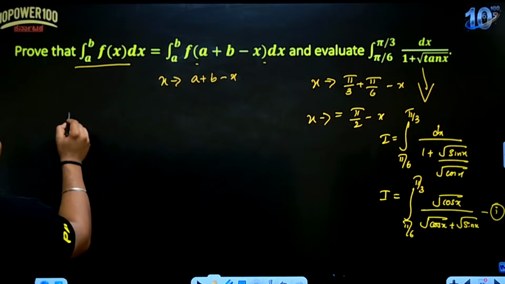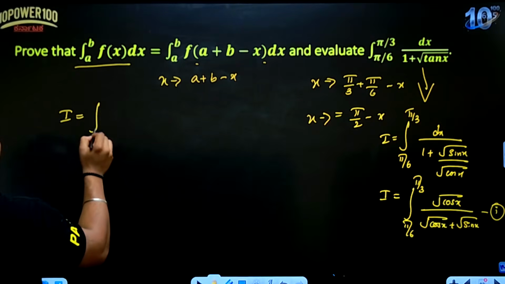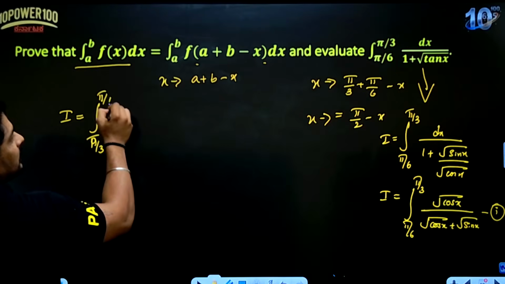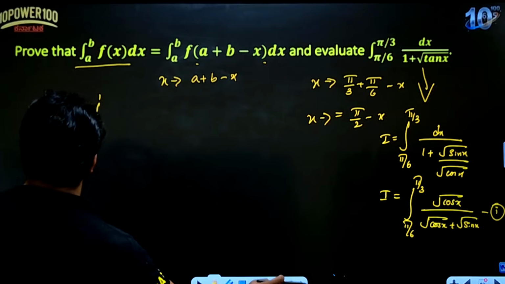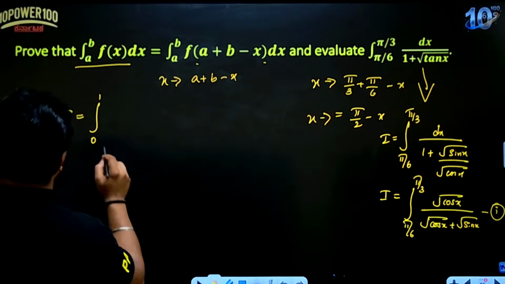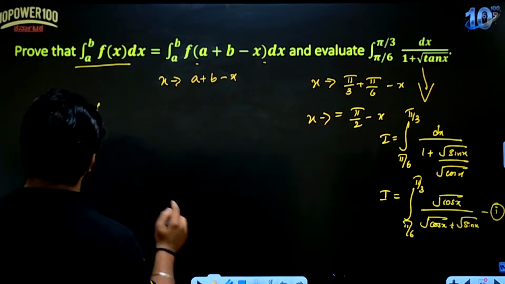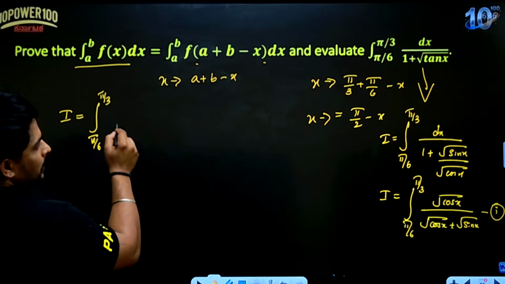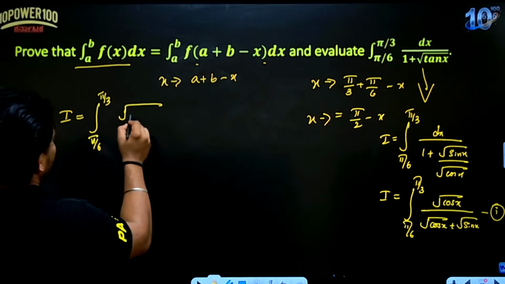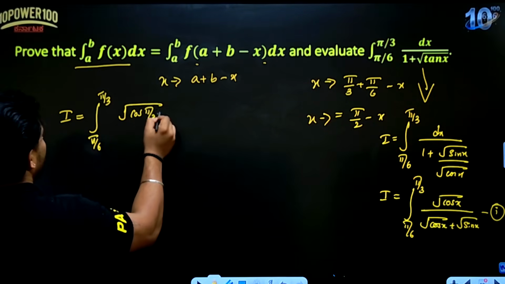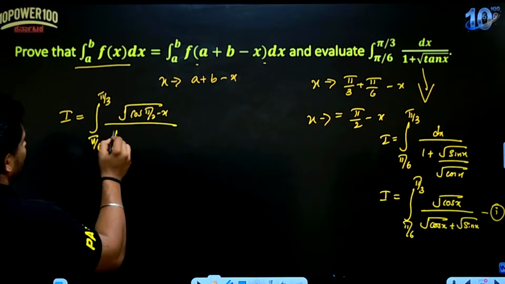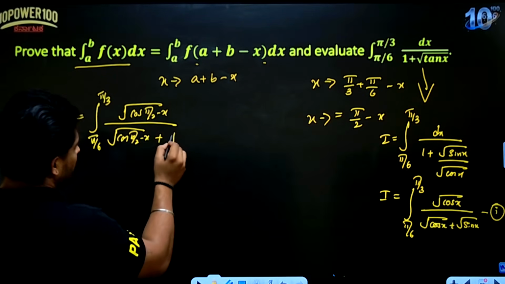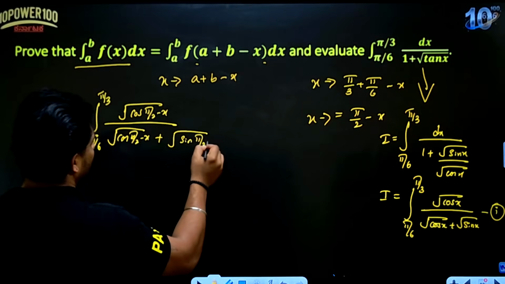I'll apply this property. If I apply that property, I is equal to the integral from pi by 6 to pi by 3 of root cos of pi by 2 minus x, whole divided by root of cos of pi by 2 minus x plus root of sine of pi by 2 minus x.